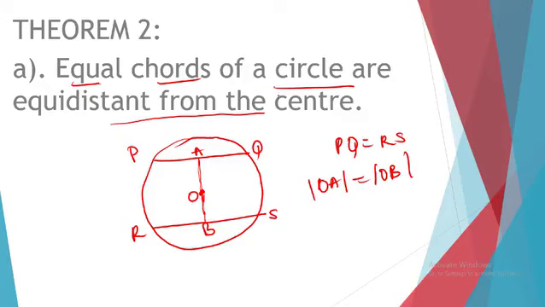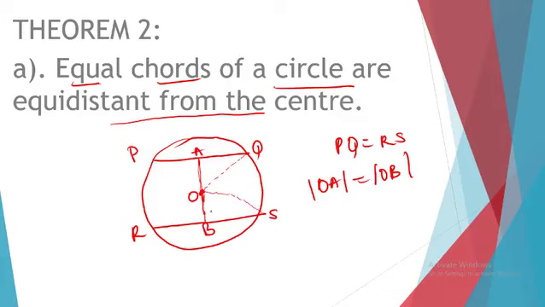It means that these two chords are equal when it comes to the bisector here, the straight line that divides the circle into two. So from A to O is equal to from B to O. Do we understand? Let's form a triangle here and also form another triangle here.